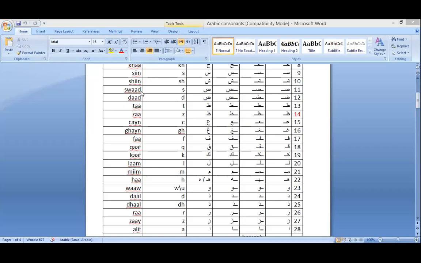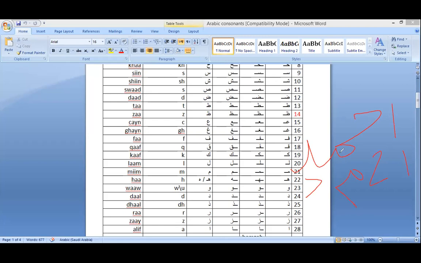For example, if I am to write your name, let me write Ahmed. This is A, this is Ha, this is Ma, and this is Da. You see how these letters are joined together.